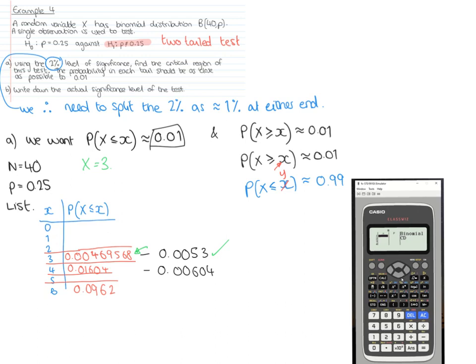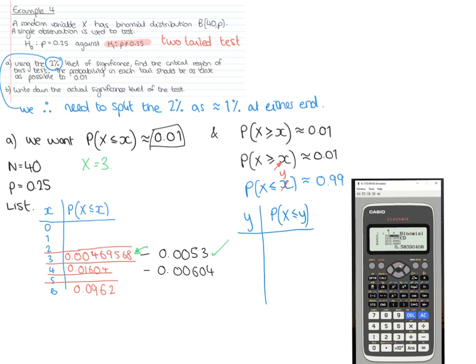So we need to find, well, up to what value is it 0.99? It's really difficult. You don't really have a way of knowing. You could test a few values, but I think quite an effective way is we use the list and we just space our values out a bit. It's 40 values and the null hypothesis is 0.25. This just allows us to hone in on roughly where the value we're interested in is.